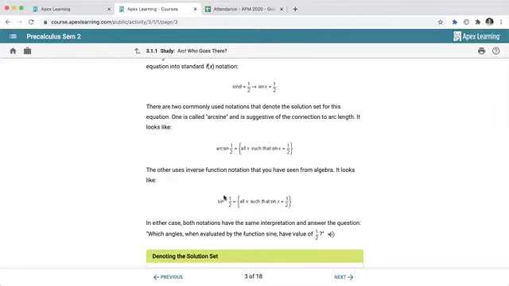This is the one you're probably going to deal with mostly, because one, it looks like an inverse function, and two, this is what you'll see on your calculator. Most of them will say sine to the negative 1. It will not say arc sine.